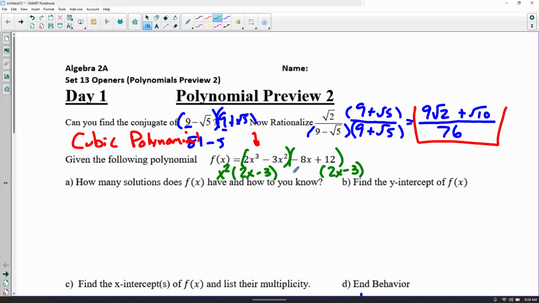And what number would this be? A negative 4. So then you can kind of see this has already got an x minus 4 there, correct? So to speed up the process on your factoring, you could go f of x is equal to 2x minus 3, and then x plus 2 and x minus 2, since those are conjugate pairs.